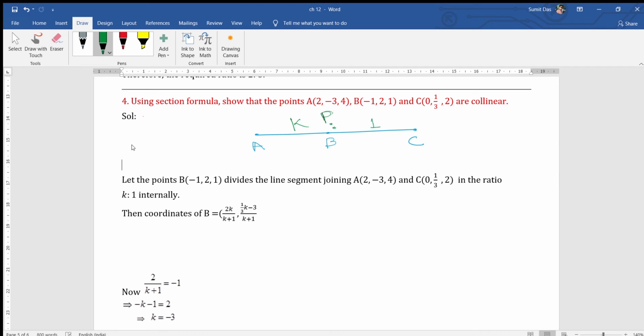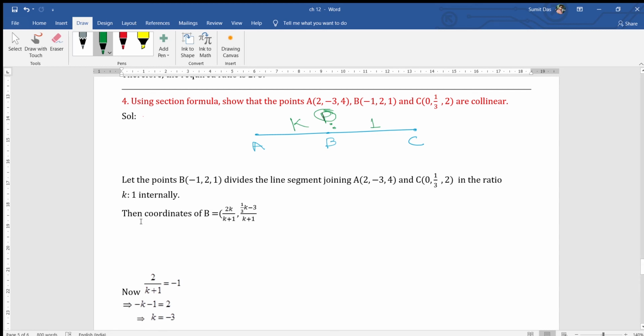After that, we'll get the coordinate of P. Then we'll compare the coordinate of P and B. If it is the same, that means B is lying on AC, that means A, B, C are collinear.